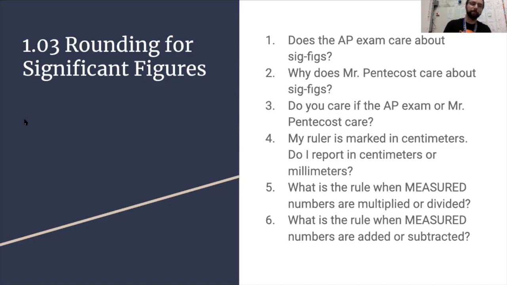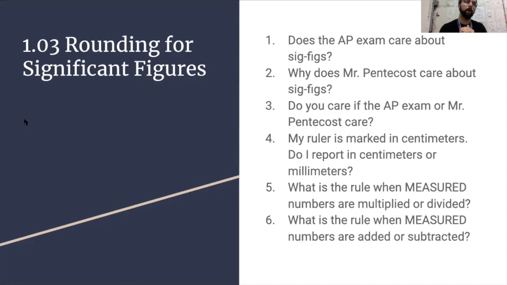Number 5, what is the rule when measured numbers are multiplied or divided? Which is going to be super common on your assignments. So when measured numbers are multiplied or divided, you will use the least amount of sig-figs used in those numbers. So say you have a number with 3 sig-figs and a number with 2 sig-figs, and you multiply them together, you've got to use the 2 sig-fig answer.